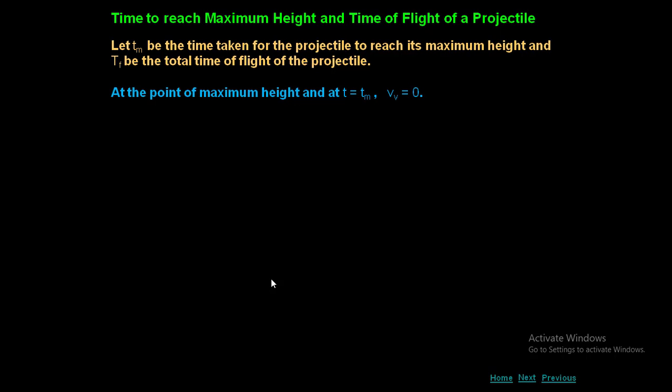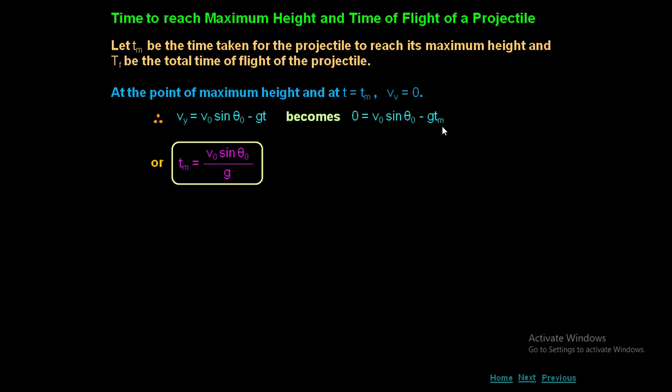In the projectile we have seen that at the maximum height, the vertical velocity becomes 0. So, if you take the equation Vy equal to v naught sin theta naught minus gt, here the value of Vy becomes 0, so 0 equal to v naught sin theta naught minus g Tm. From this you get the time as v naught sin theta naught by g.